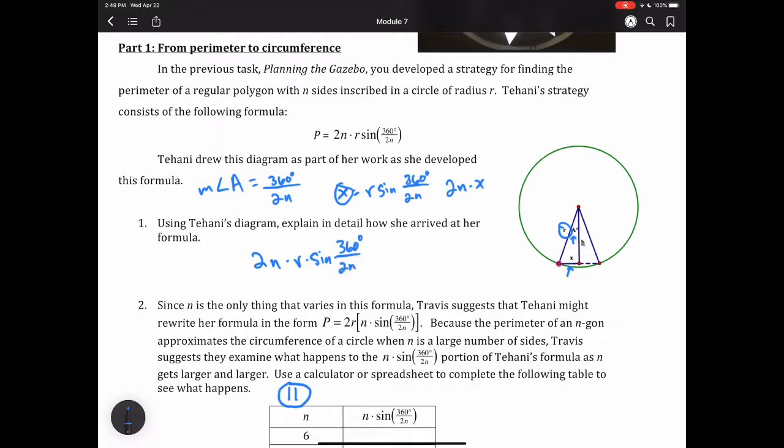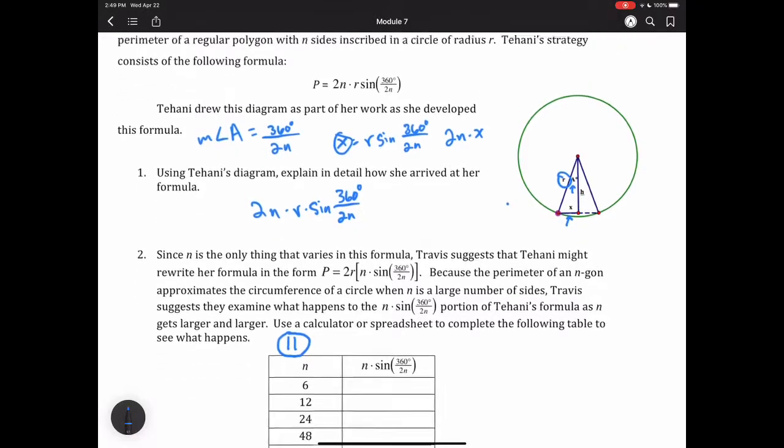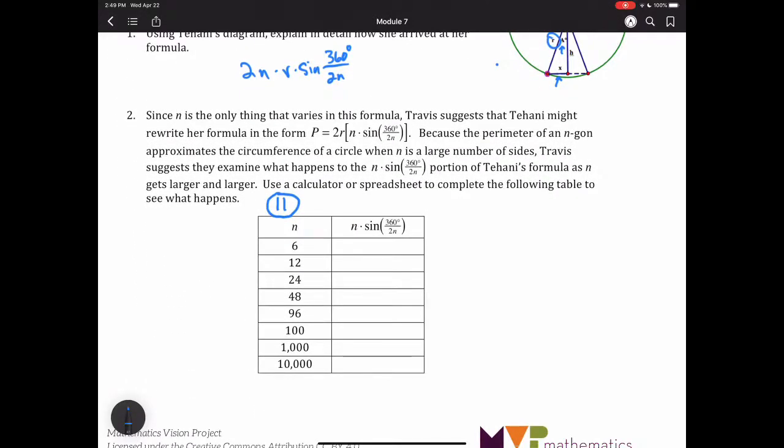Okay, so this is the perimeter of the entire n-gon. No matter how many sides it has or what the radius is, we can plug that information in and get our answers.